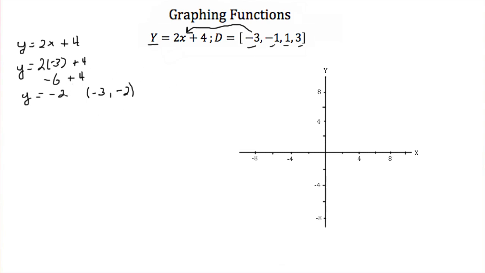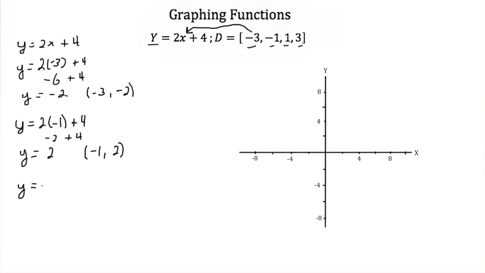So now let's do the next one, -1. So y is equal to 2 times -1 plus 4. So this is -2 plus 4, so our y is equal to 2. So the next point that we're going to plot is -1 and 2. Now let's do +1.